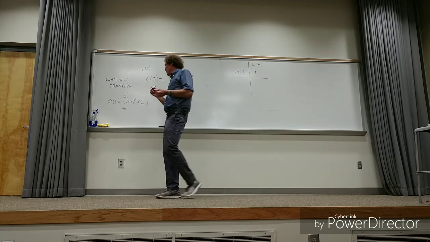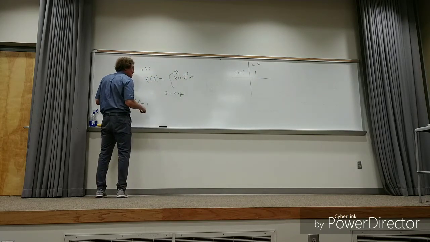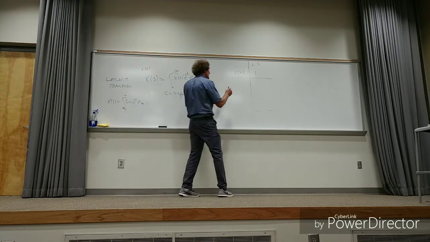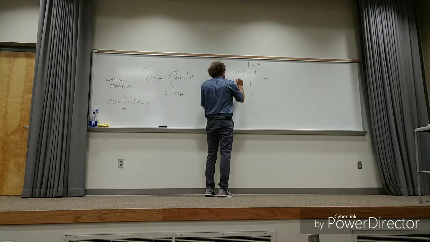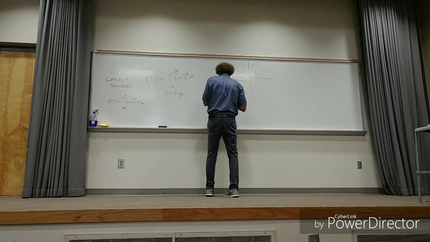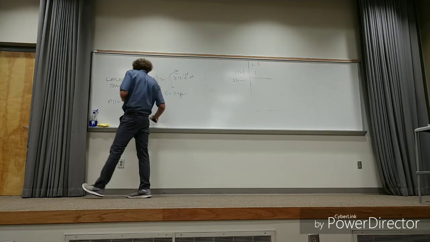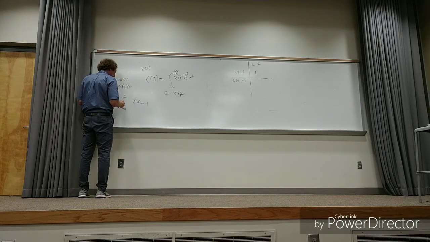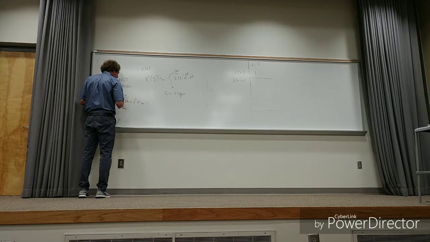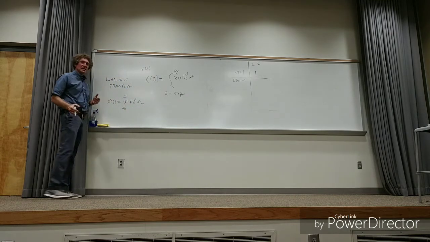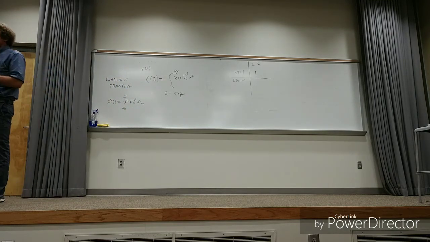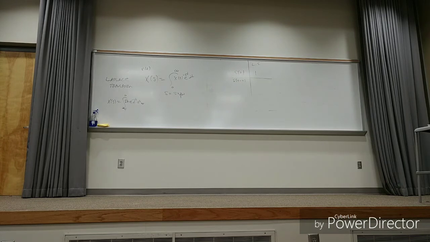Now, what would the Laplace transform be of delta of, say, t minus tau? Some arbitrary value. I'm going to put it here. Delta of t minus some tau. Any constant you want. Doesn't have to be tau. What's that value going to be? Ask yourself this.